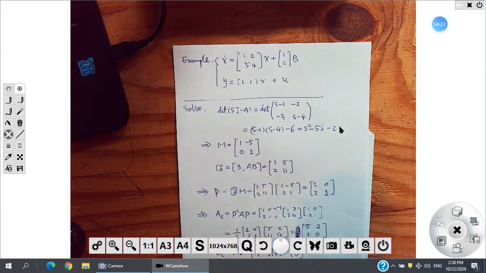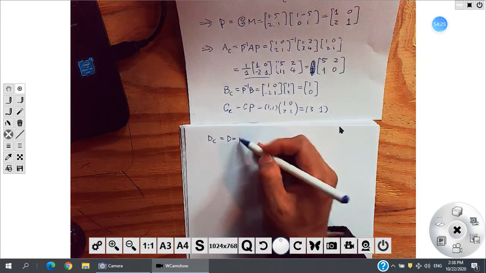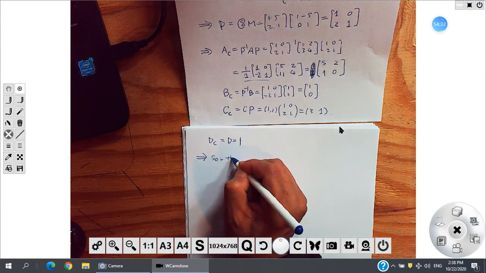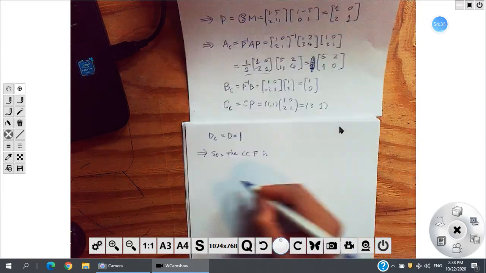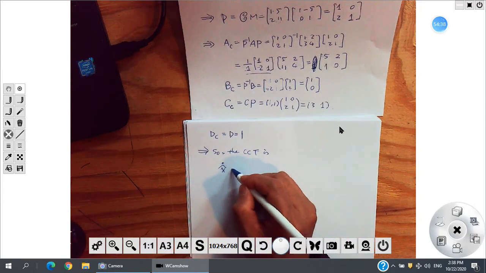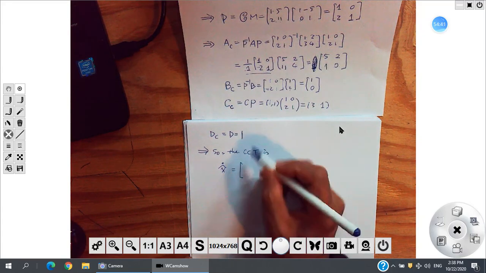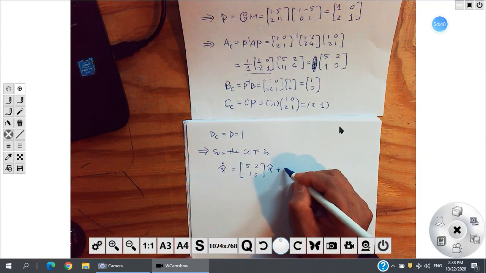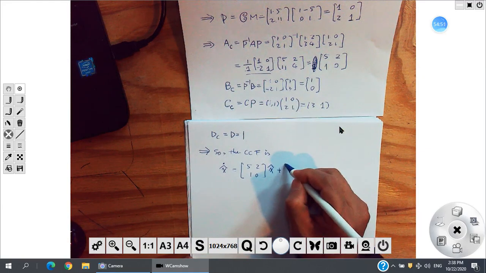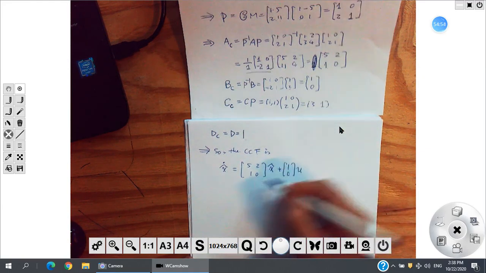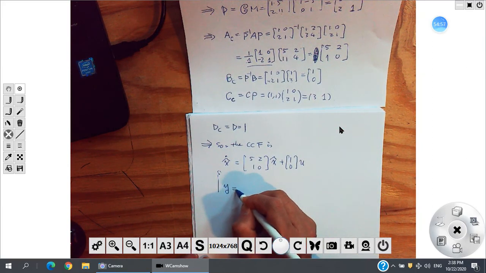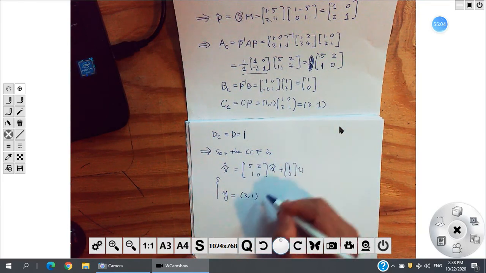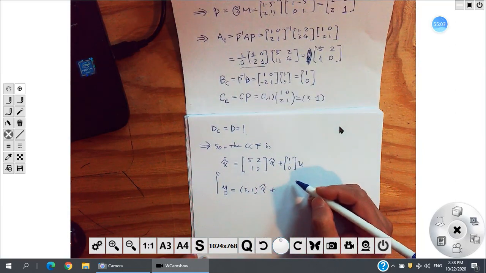Nothing changed on D. Alright, so we have the CCF: x hat derivative equal to A, now A is this AC, times x hat plus B, then we use BC, times u, u is the input, and output y equal to c, now c is this 3 and 1 times x hat plus d times u.